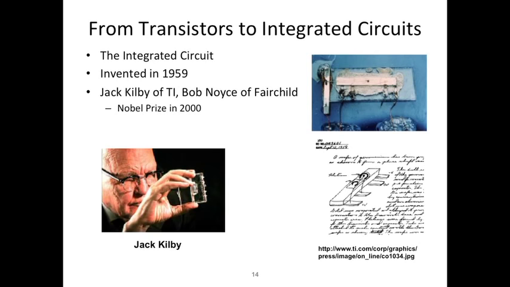The integrated circuit was invented in 1959 by Jack Kilby from Texas Instruments and Robert Noyce from Fairchild, and Kilby also got a Nobel Prize in 2000 for their work because they showed that these transistors can be integrated together to perform different functions. But at that time, it was at a pretty large scale.